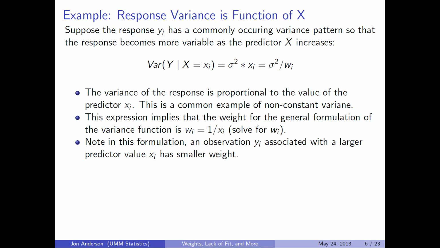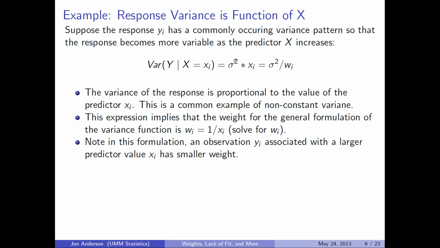What if the variation in the response is a function of the predictor? This is also really common. What do we do if, when a predictor value gets bigger, the variation in the response gets bigger? Well, what if the variation in a y value is sigma squared times the value of the predictor?